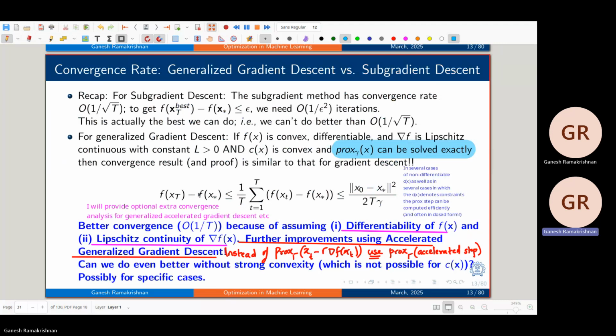So exactly what I was trying to say. What do you do with accelerated gradient descent? Instead of prox gamma of x_t minus gamma, you will do a prox gamma of the accelerated step. Right? And all the accelerated variants, including Adam, etc., you can evaluate here.